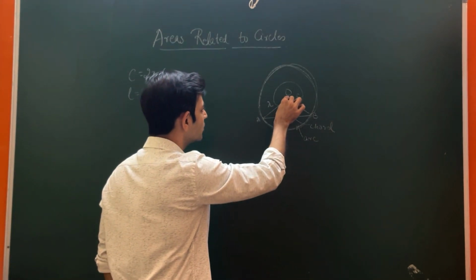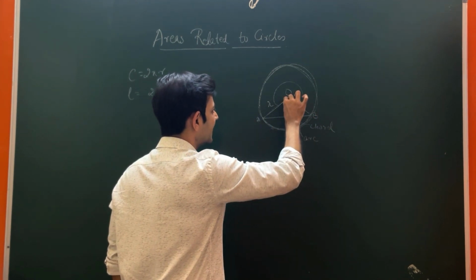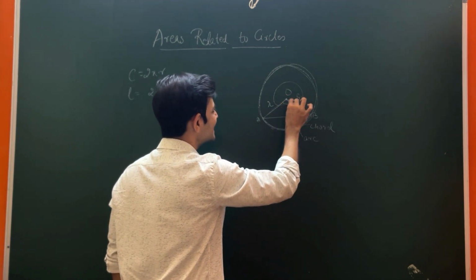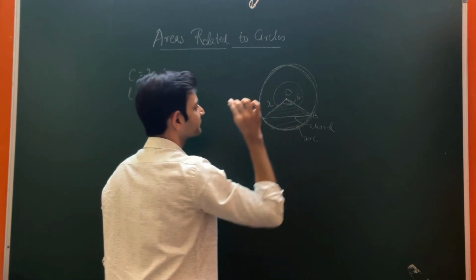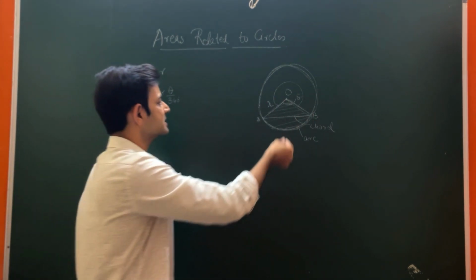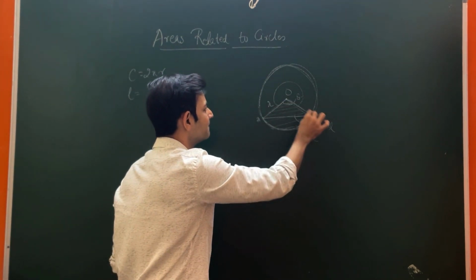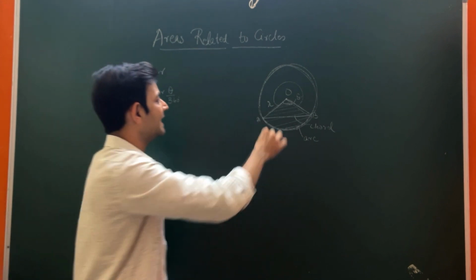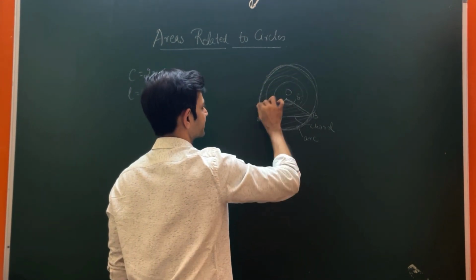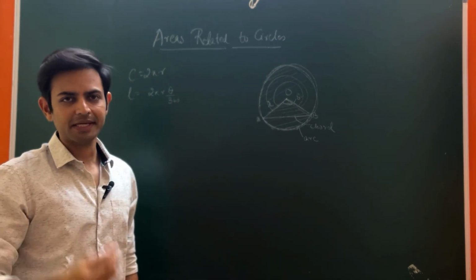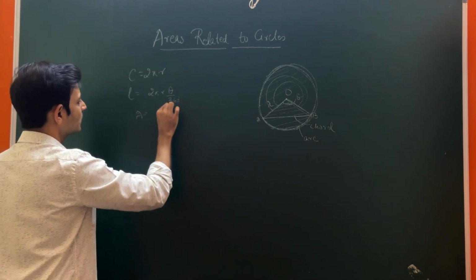Now if we see here OAB, this entire part is called the sector of the circle. Because the angle is less than 180, this is called the minor sector, and this part is called the major sector. The area of a circle, we all know, is pi r square.